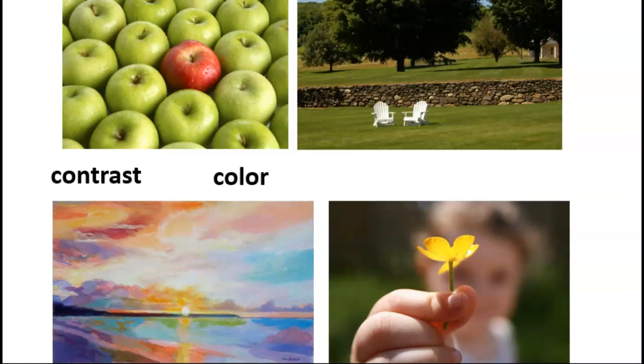Hot pink can work too. Position, if you put the thing you want to emphasize in the middle of the picture, people are going to be more likely to look at it. And focus, if you make one thing in focus and everything else blurry, we're going to naturally look at the thing that's in focus.